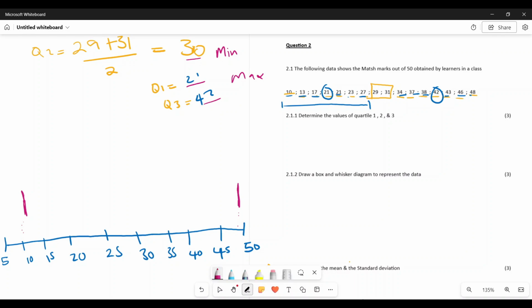Now, representing my quartiles, my Q1 is at 21, so it should be somewhere here. And my interquartile range is at 30, and my Q3 is at 42.